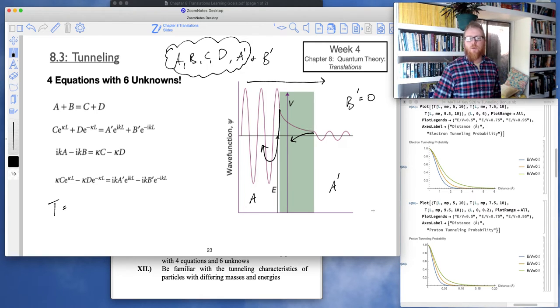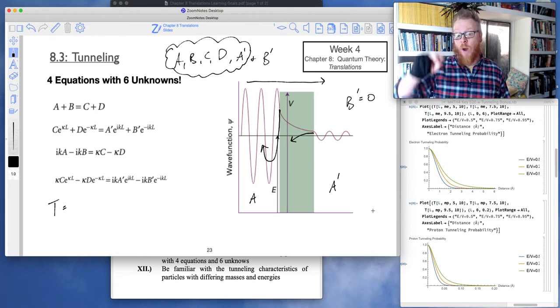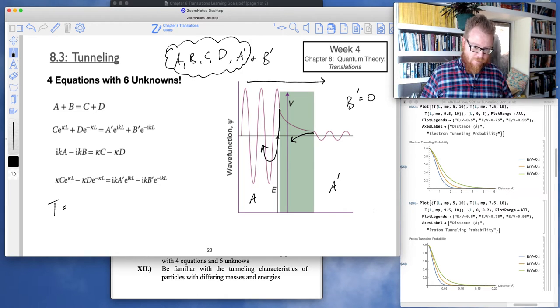So in other words, those normalization constants are really giving us the amplitude of these waves, okay? And so if we can see now that the particle has made it through here, and there's some finite amplitude on this side, and some finite amplitude on this side, then we know that this transmission probability is going to be related to the square modulus.